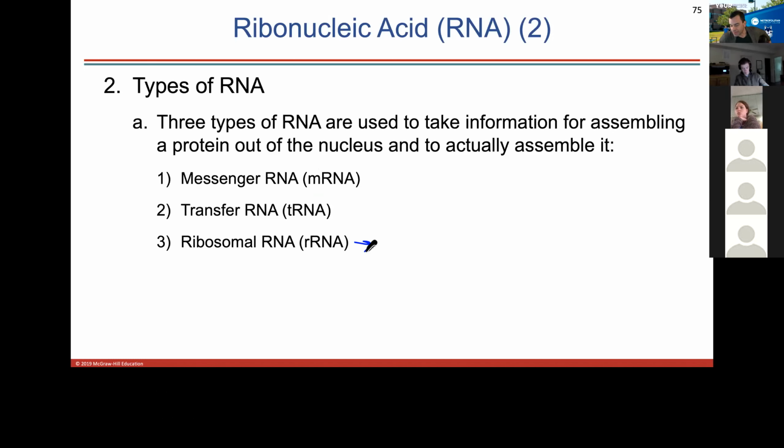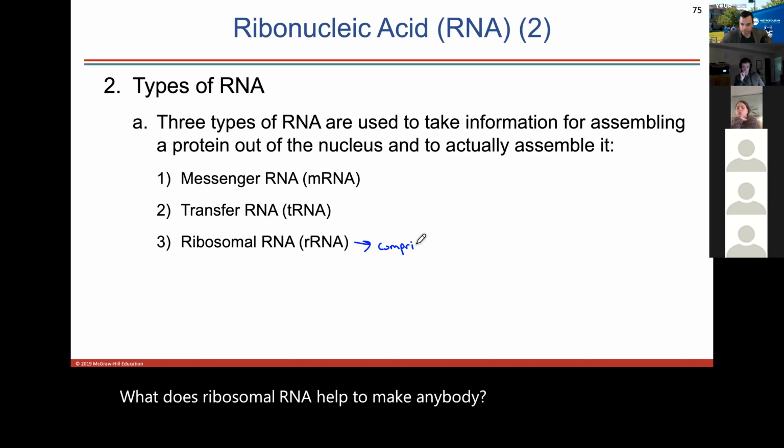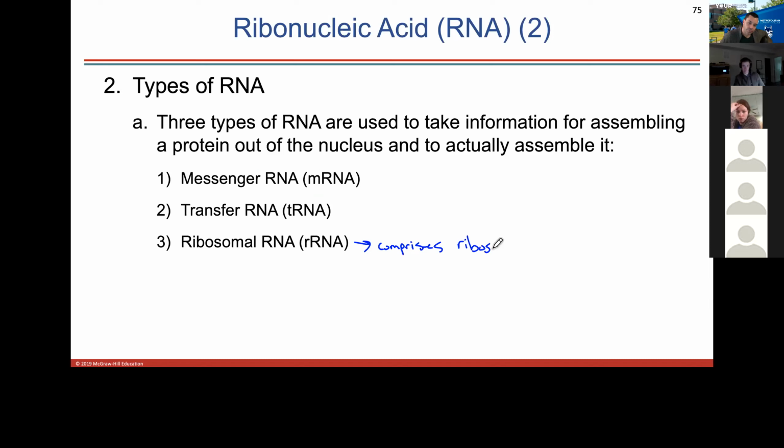What does ribosomal RNA help to make? Anybody? Ribosomes. There you go.